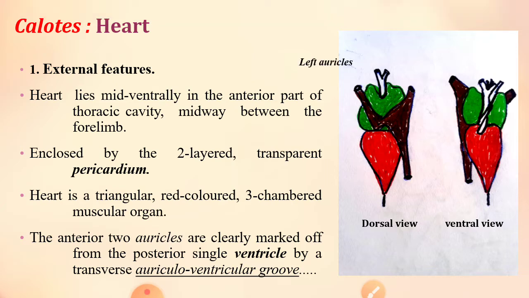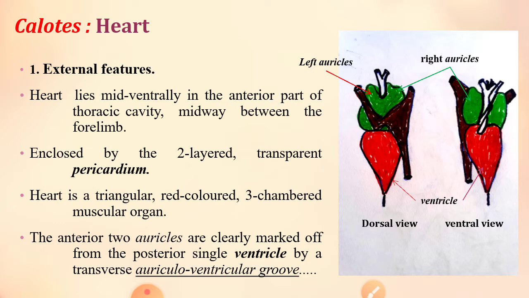When we see the diagram, we can find two auricles or two atria, called the left auricle and right auricle, and a single ventricle. So the heart is made of three chambers, two auricles and a single ventricle.